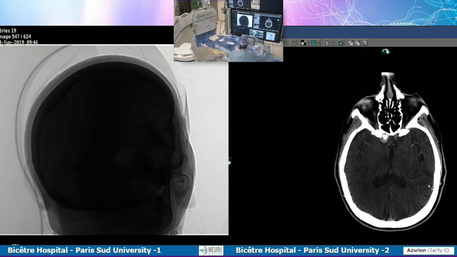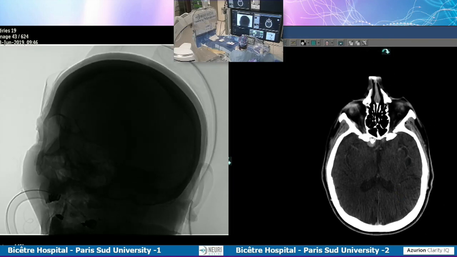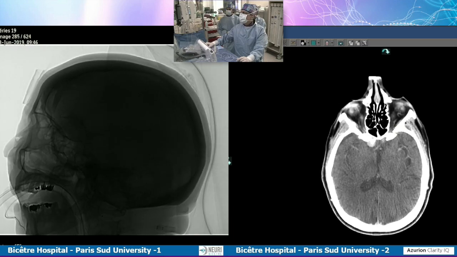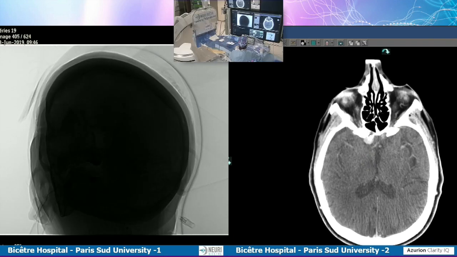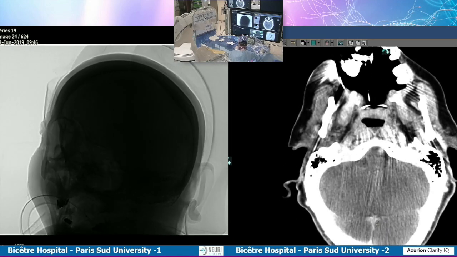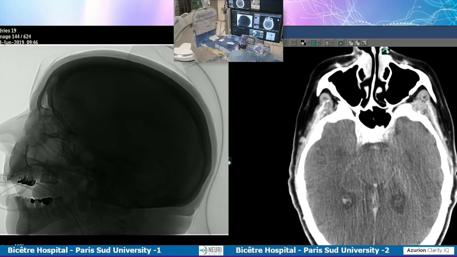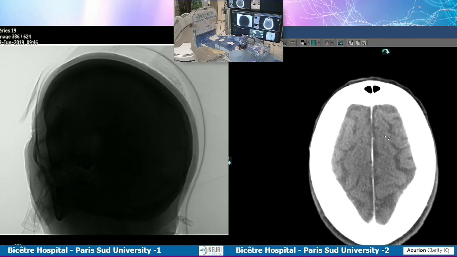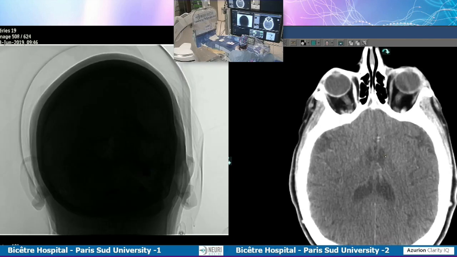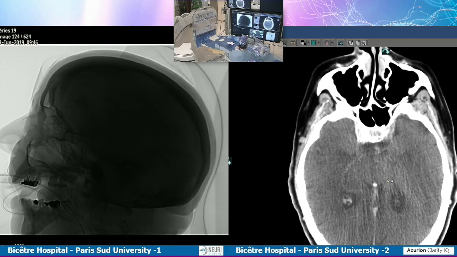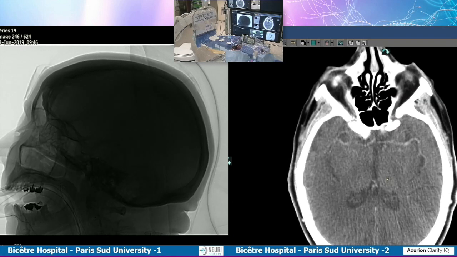So here we are. So this is the protocol that we are using to assess there is no bleeding, especially when the patient is under double antiplatelet therapy. So especially at the level of the posterior fossa, there is a huge decrease in the artifact. Okay, that's finished for us.